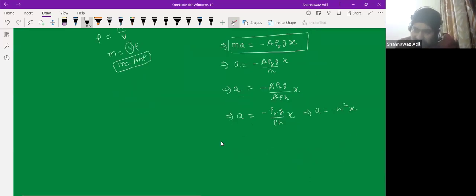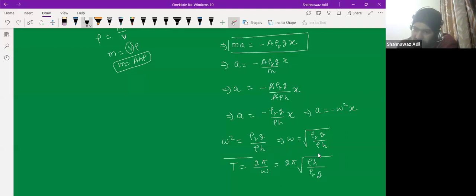So then we can calculate omega square as rho R g by rho H. So omega is the root of rho R g by rho H. Once we have omega, we can calculate the time period, which is 2 pi by omega. This would be 2 pi, and we take the reciprocal, so it would be rho H by rho R g, under the root.